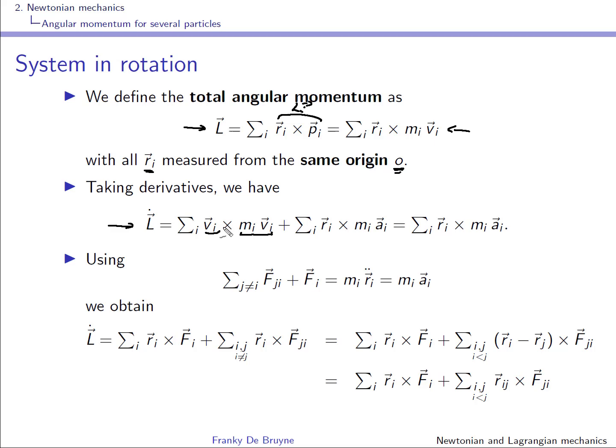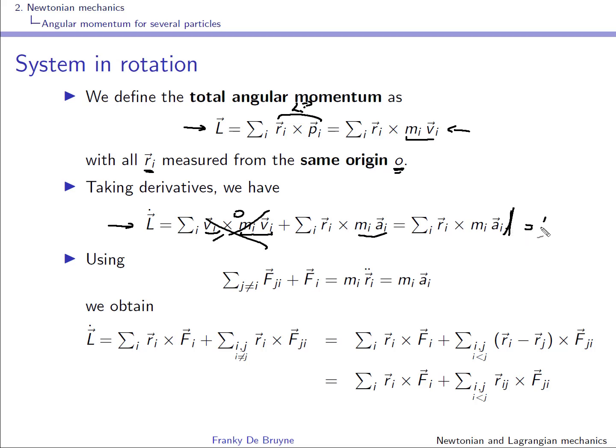And since you have the cross product of the same vector, you can see directly that this is going to be 0, right? And then you have the sum, cross product of the position vector times the derivative of this one, and this produces the acceleration vector of particle i. So we are now right here, right?